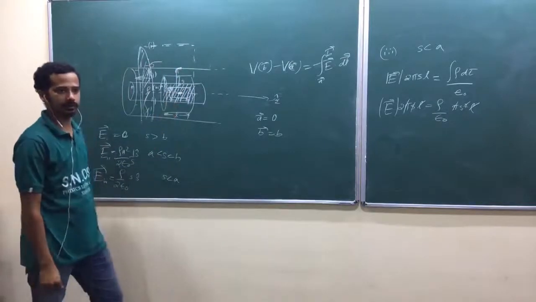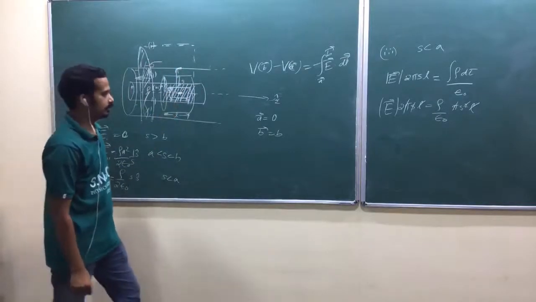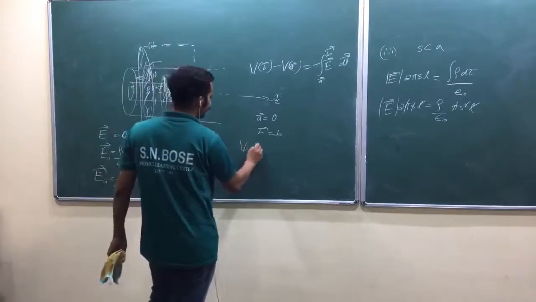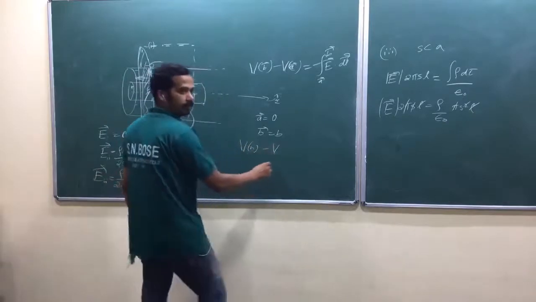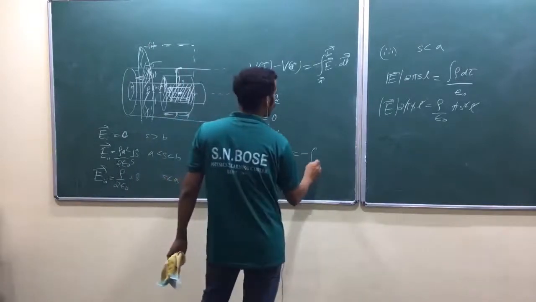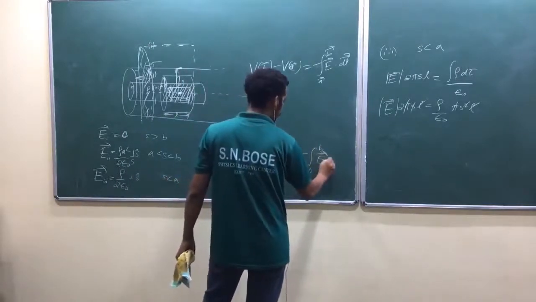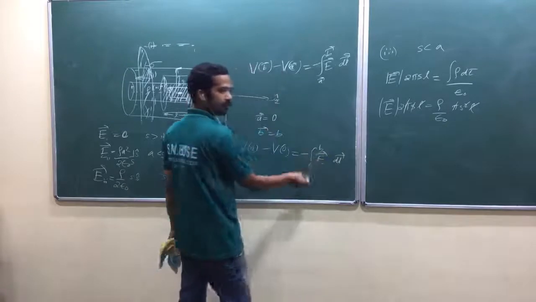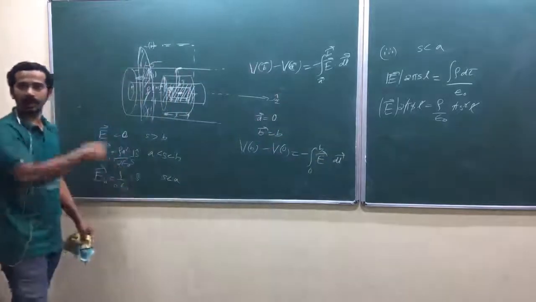Is that okay? That's better, isn't it? Now again, V of B minus V of 0 equals minus integral 0 to B E bar dot dl bar. What is this 0 to B integral? That is your axial distance, okay?